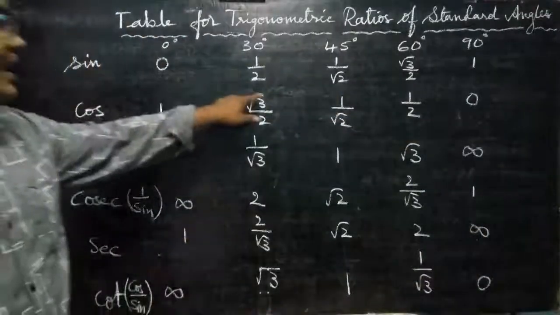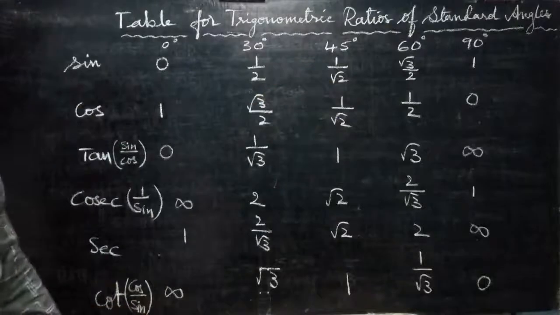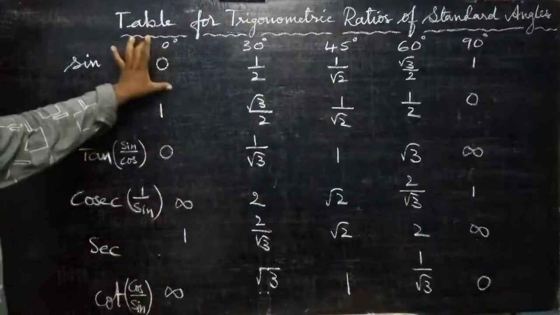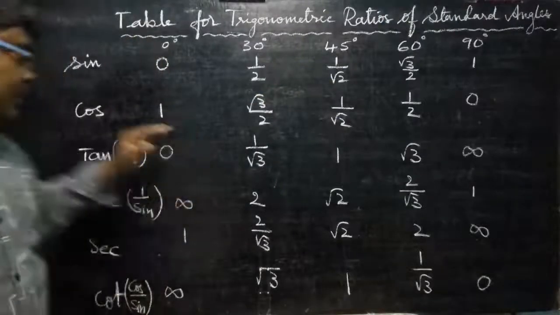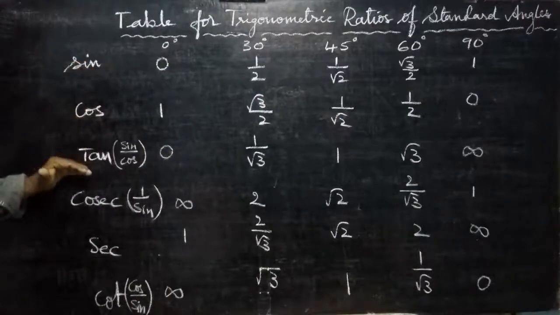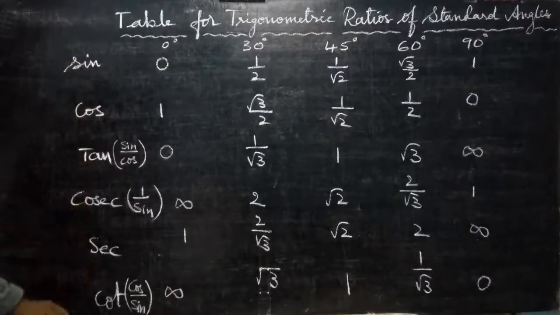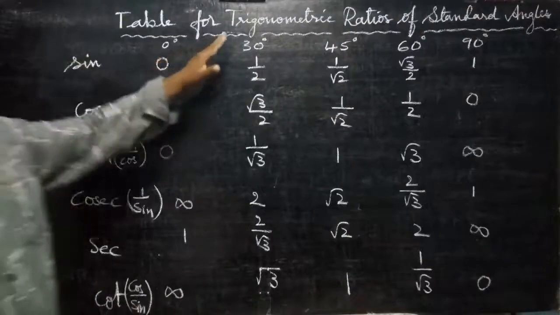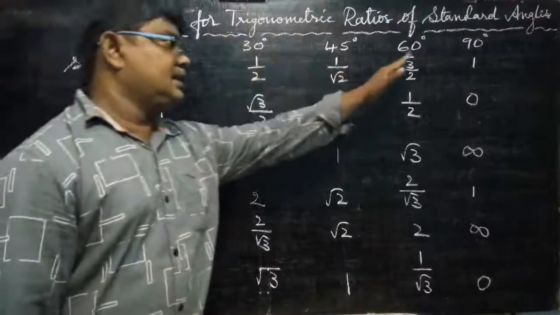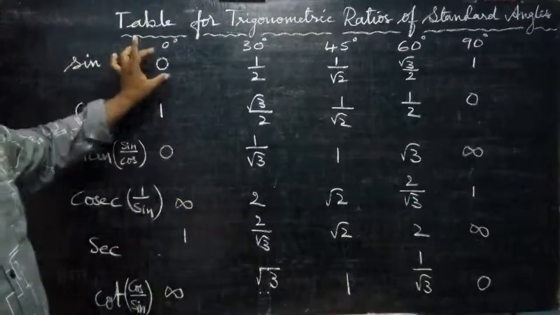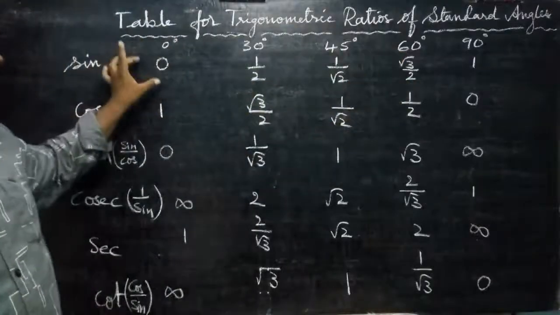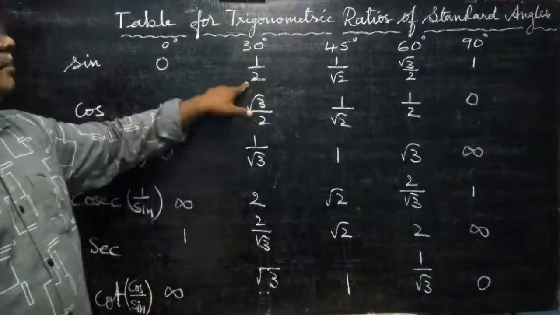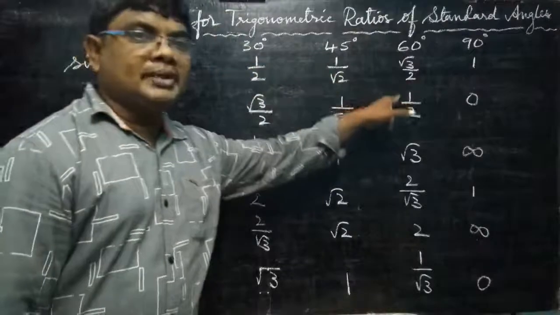See, with these three values I have completed this table. Are you able to follow? So learn this table. This table is very, very important. Sine, cos, tan, cosecant, secant, cot. Sequence: 0 degrees, 30 degrees, 45 degrees, 60 degrees, 90 degrees. The values lie from 0 to 1: 1 by 2, 1 by root 2, root 3 by 2.